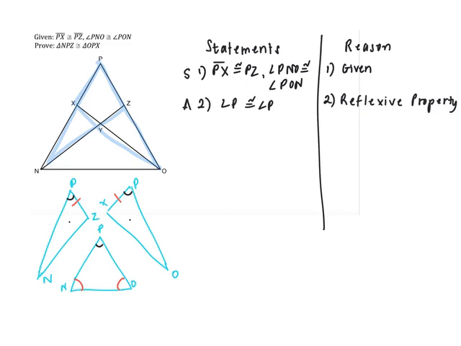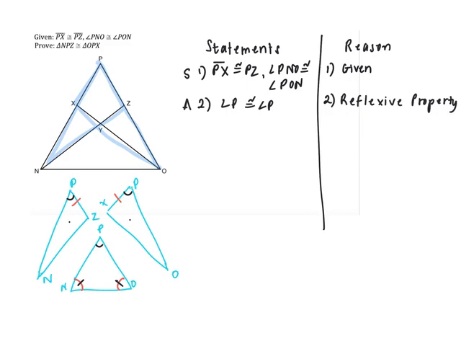Now, if we go back to our second given, which is angle PNO is congruent to angle PON, let's look at this part over here, angle PNO congruent to angle PON. From there, what could you possibly come up with? You can pause the video and see if you can think of the same thing as me.